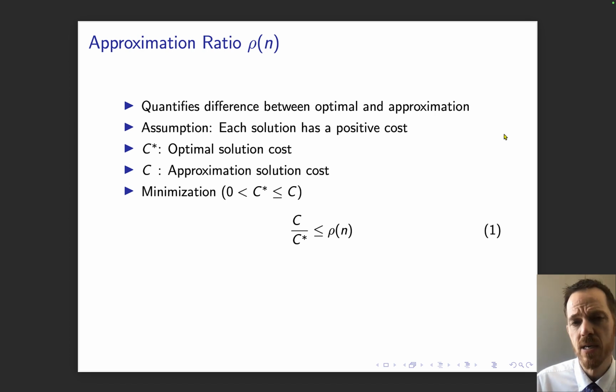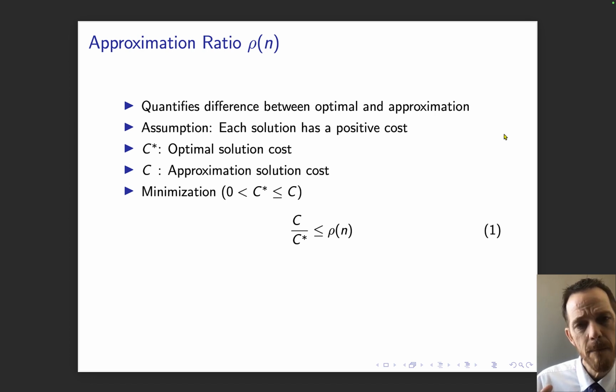It does have the assumption that each solution has a positive cost. That fits most situations, so that's not very constraining. Some vocabulary to understand this better: we have C star, which is our optimal solution cost, whereas for our approximate solution cost, we're going to use the notation C.